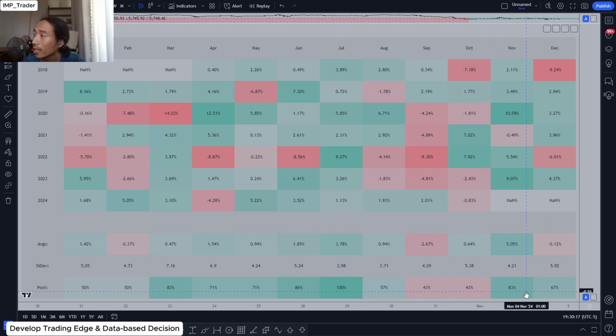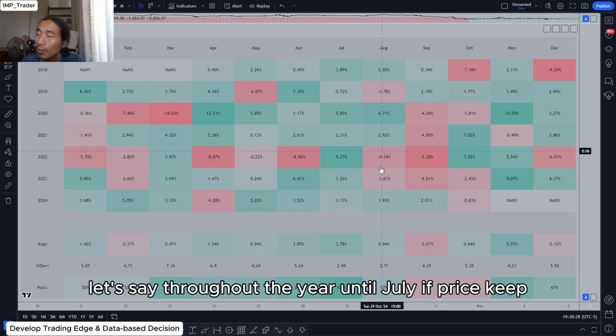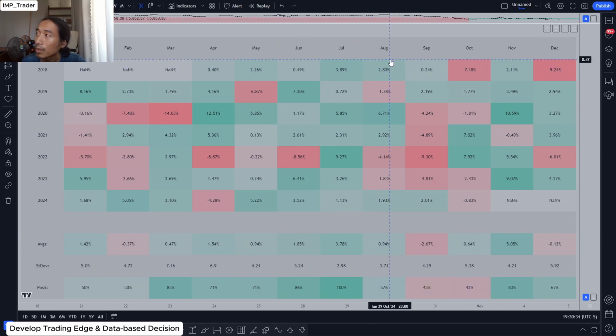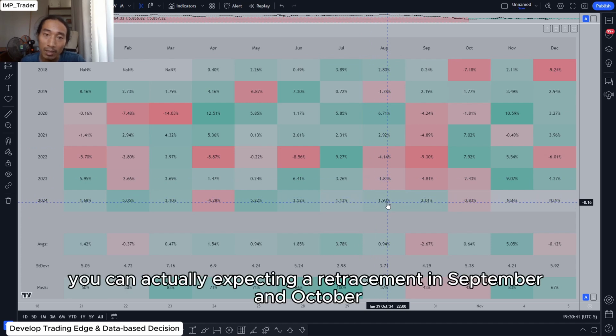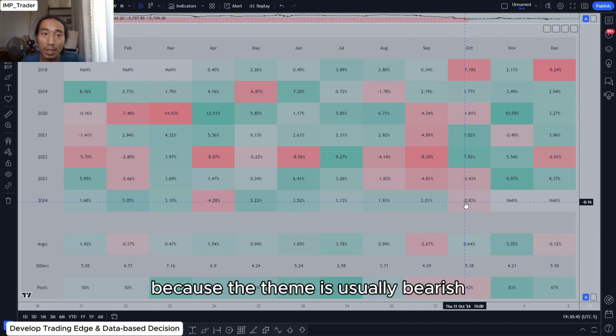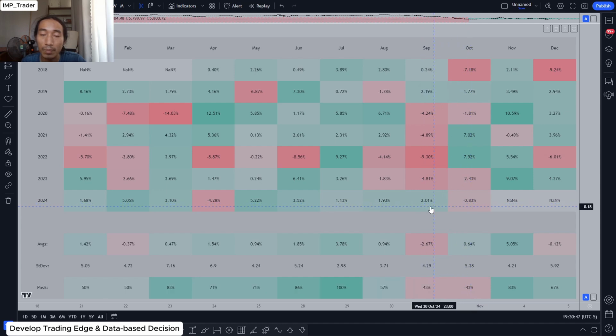Here you can see the 83% bullish rate. And let's say throughout the year until July, if price keeps going up and you are expecting a retracement, you can expect a retracement in September and October because the theme usually is bearish.